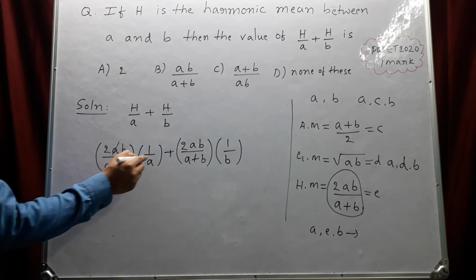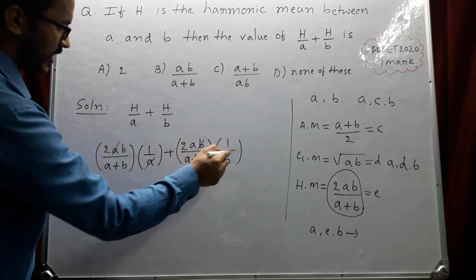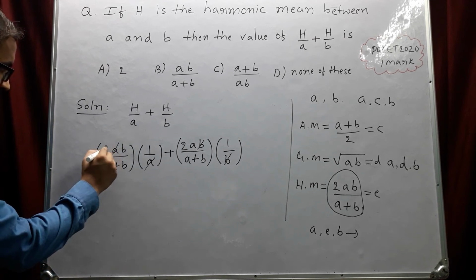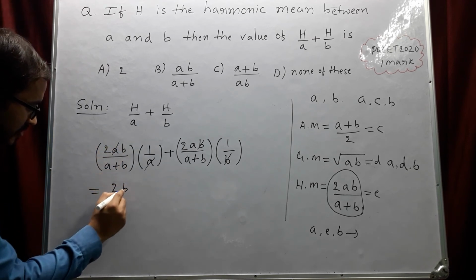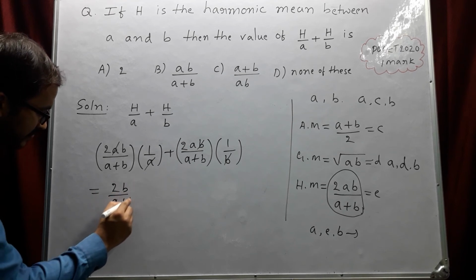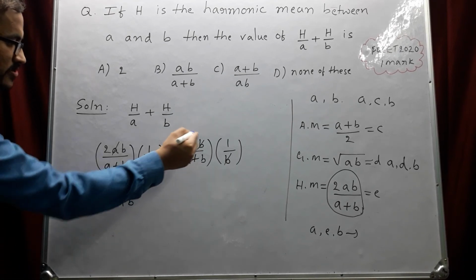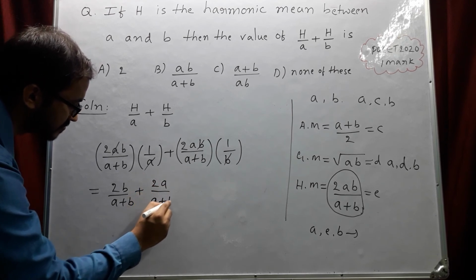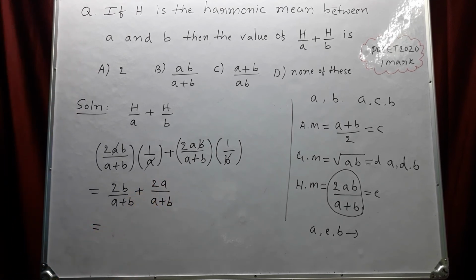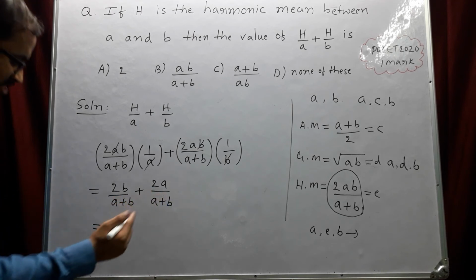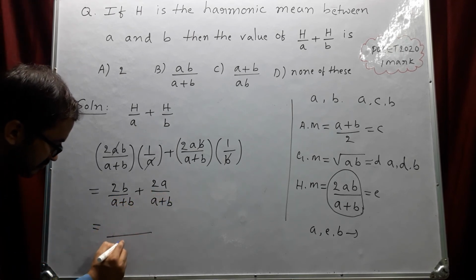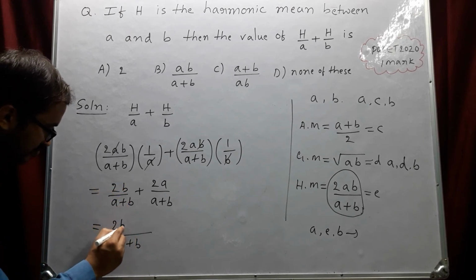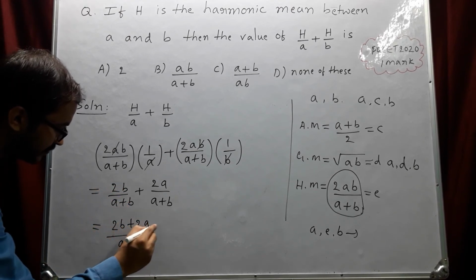So here we can cancel a, and here I can cancel b. So what are we going to get here? 2b by (a plus b) plus 2a by (a plus b). We can take (a plus b) as the LCM. In the numerator, we get 2b plus 2a.